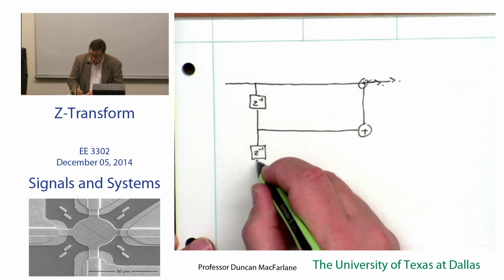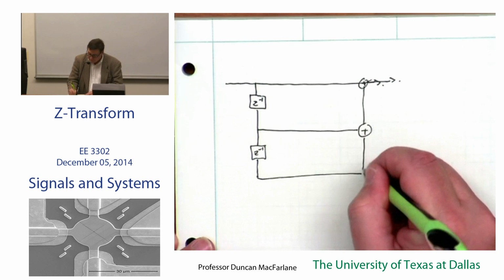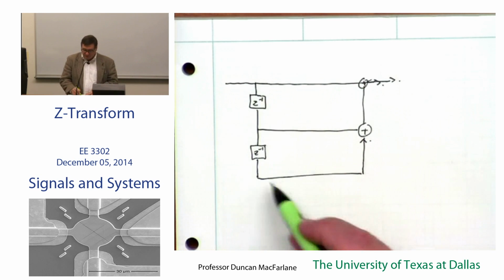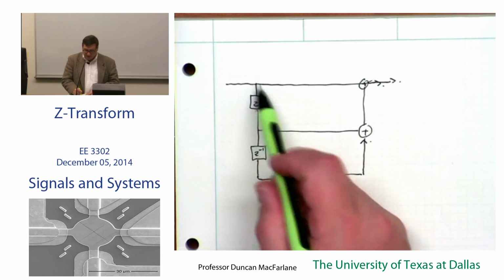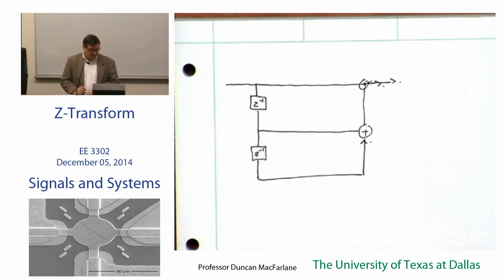So I'm going to reuse my Z delay blocks. So this is our first order path. This is our second order path. See, the second order path goes through Z to the minus 1 multiplied by Z to the minus 1. So it sees two delays, two steps of a delay. So I don't have to reuse shift registers or things of that nature if I use this architecture.